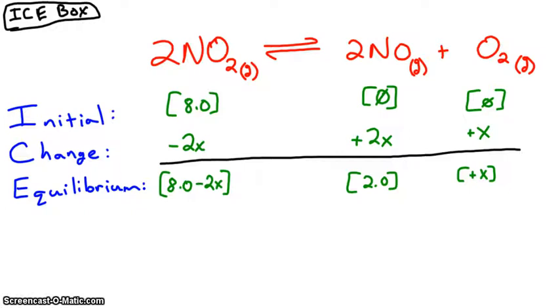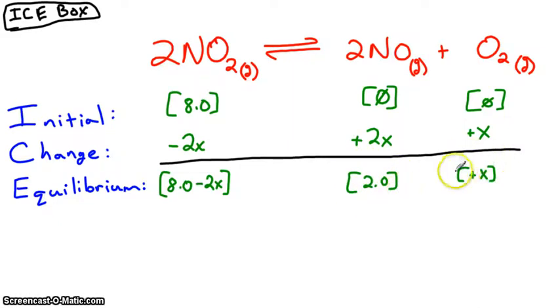To determine the equilibrium concentration, you just have to combine the initial concentration with the change in concentration. So 8 minus 2x is the equilibrium concentration for the NO2 gas. We were told that the equilibrium concentration of the NO gas is 2 molar.